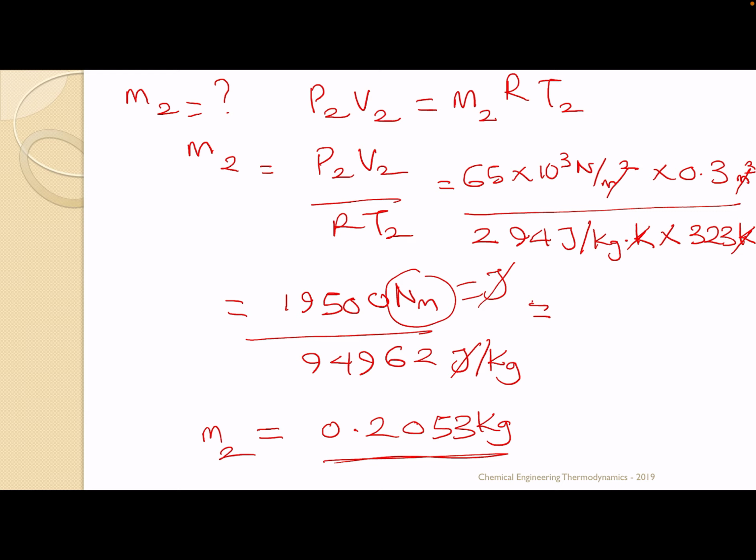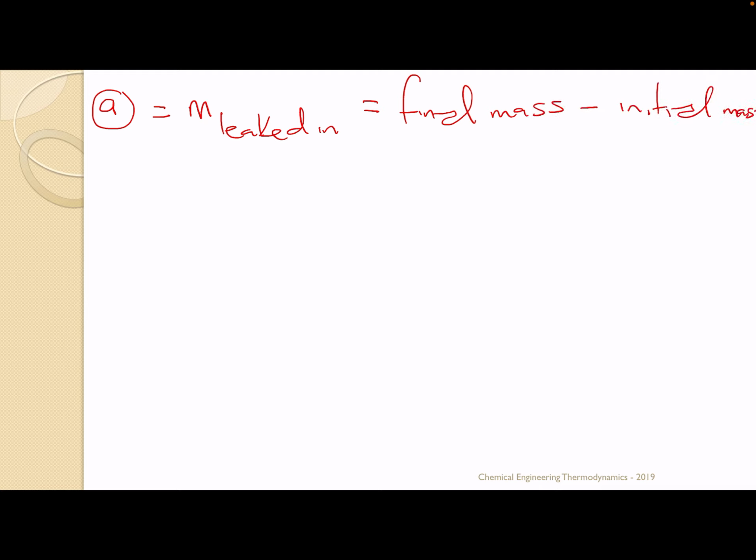So obviously the difference in the two will be the amount of air that has leaked in. So our A, the mass of air leaked in, will be equal to final mass minus initial mass, M2 minus M1.